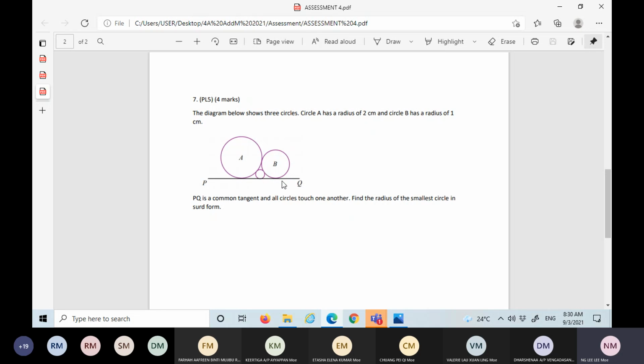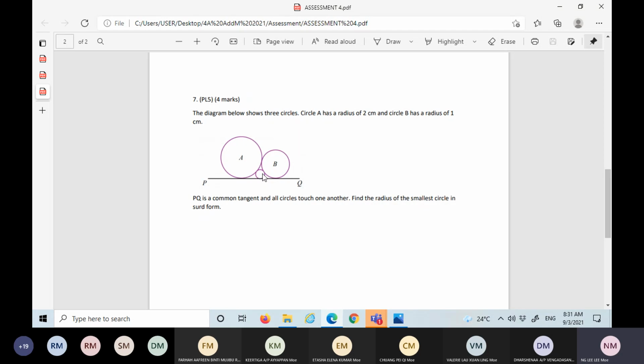So after you get the answer you can try. The bigger one, circle A, the radius is 2. Then for circle B, the radius is 1. So after you get your answer in surd form already, you should try. This one is common sense.